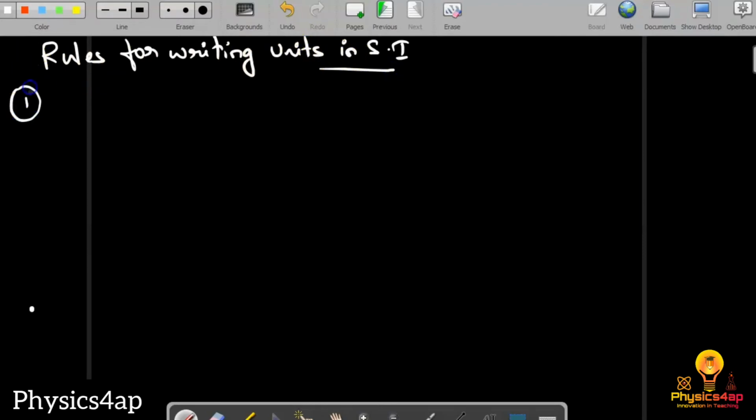So the first rule is, for example, if we have a length of 5 meters, సో చాలా మంది ఏం రాస్తారంటే 5 క్యాపిటల్ M గా రాసుకుంటారు.